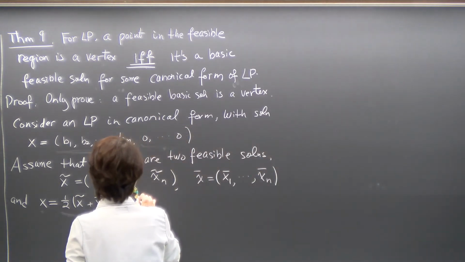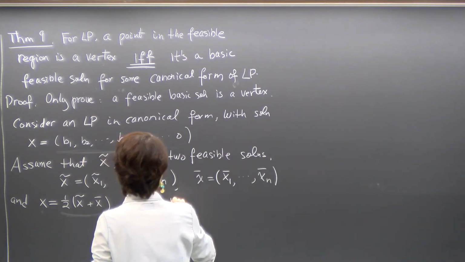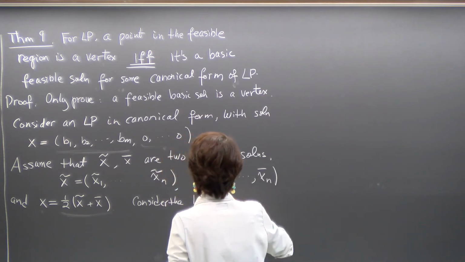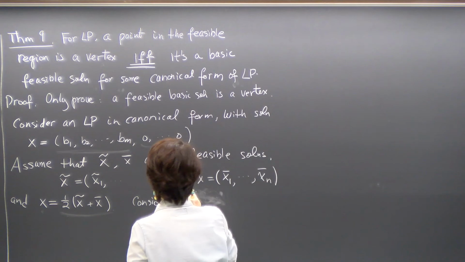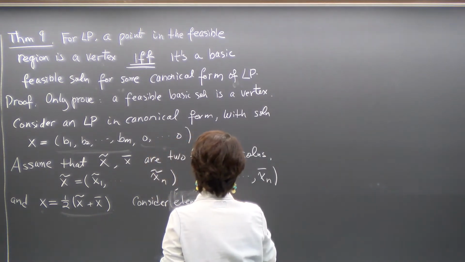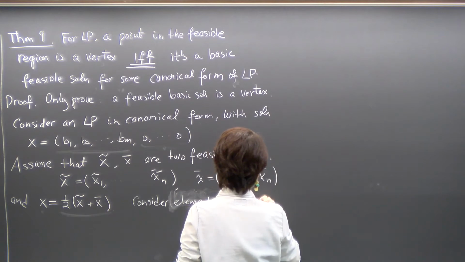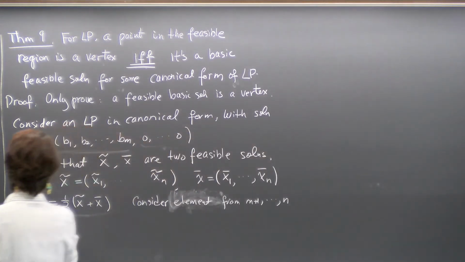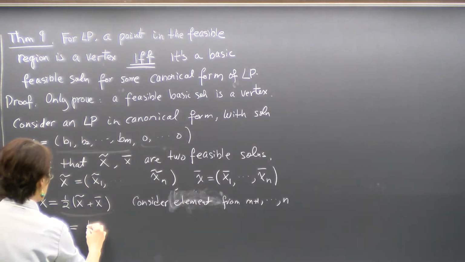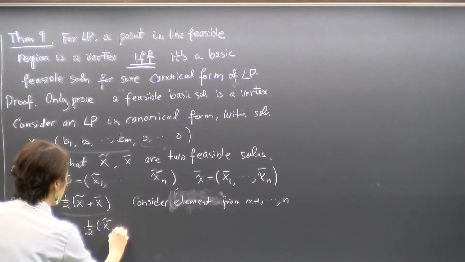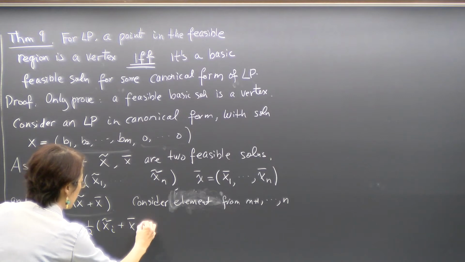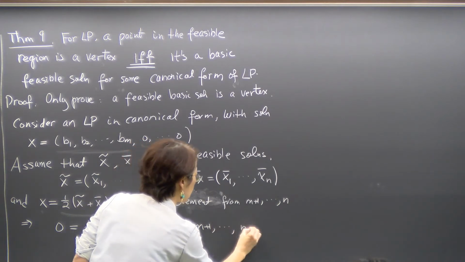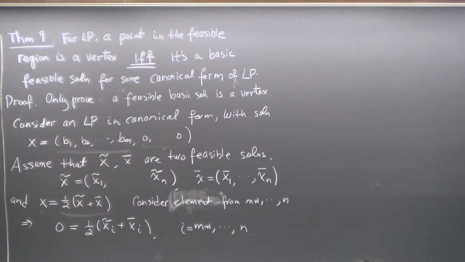So now let's check. Consider the last n minus m elements, with index i from m plus 1 to n. Then we must have 0 equals half of x tilde i plus x bar i, for i from m plus 1 all the way to n. Is that right?